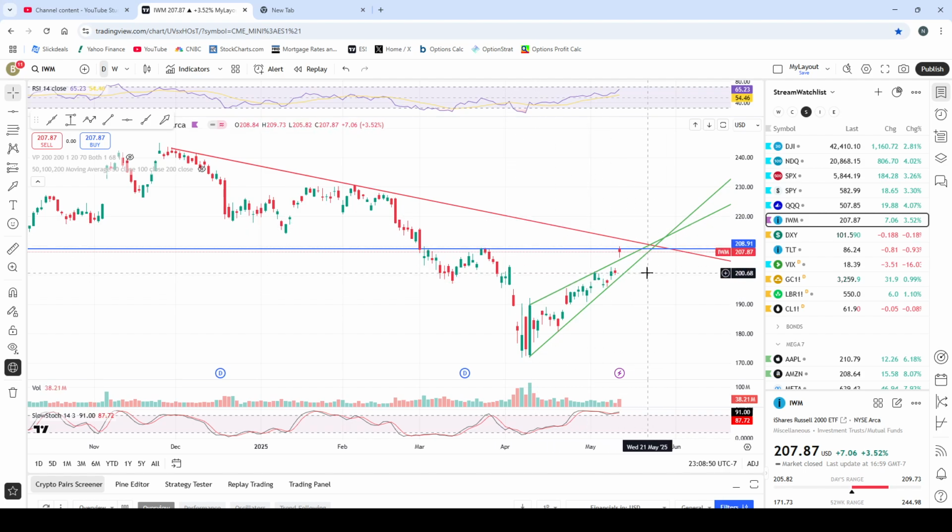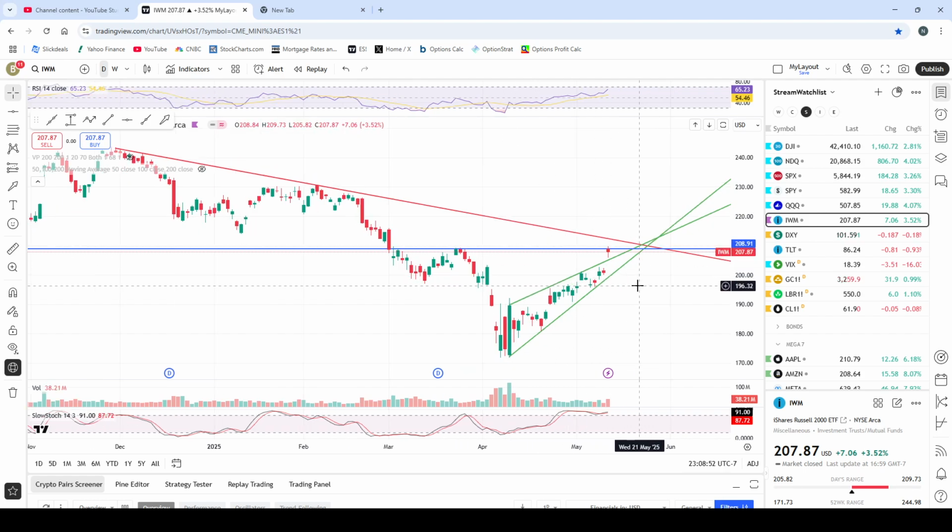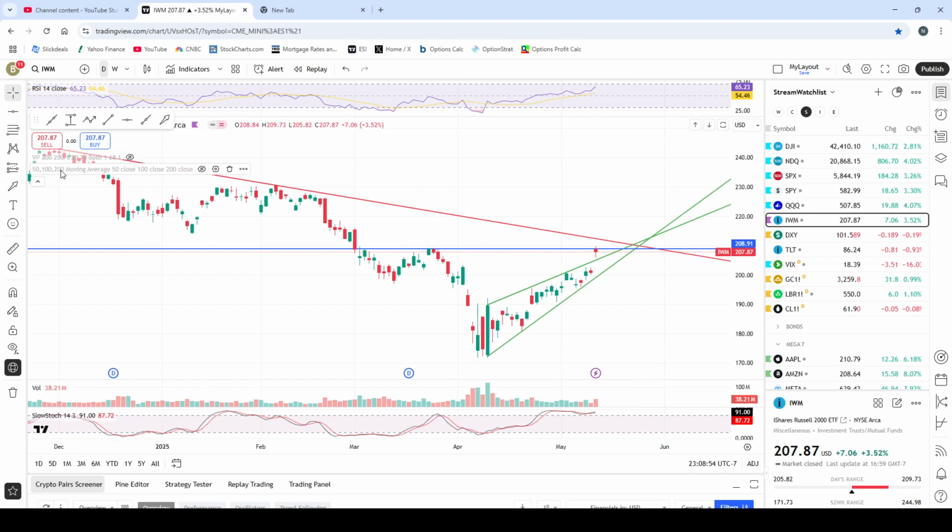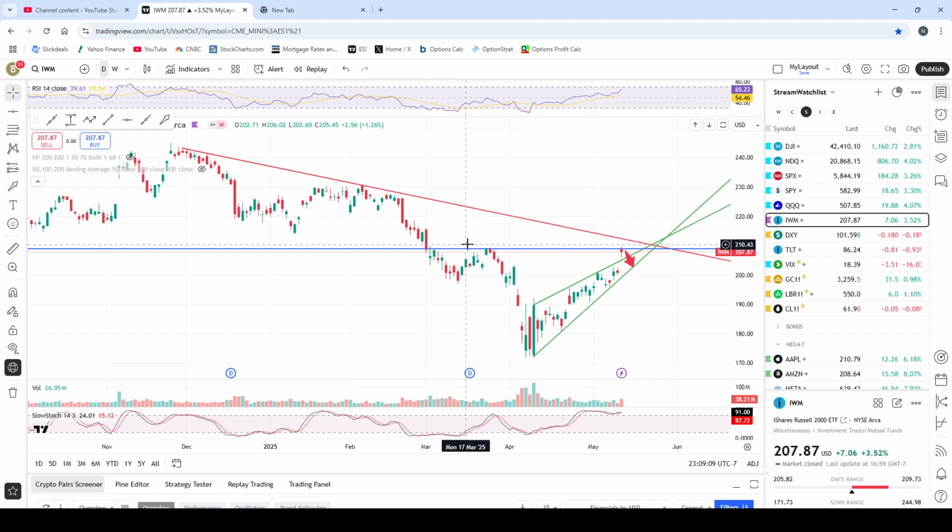So for Russell, when I look at this chart, I'm pretty sure it's going to correct, and at least it's going to go down to 203. Because when you look at the chart, this is the resistance.